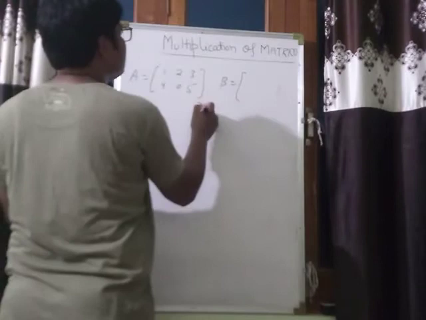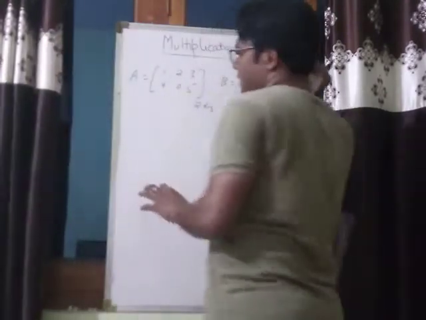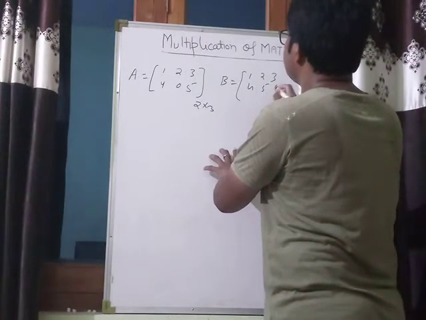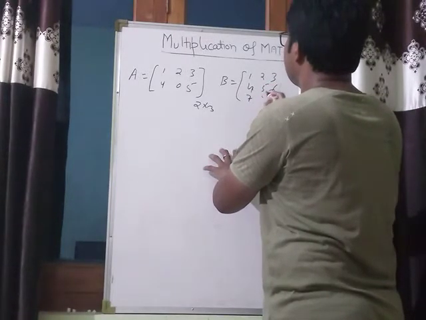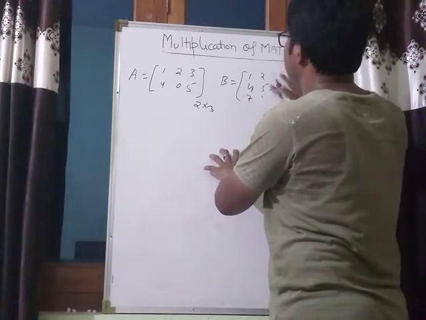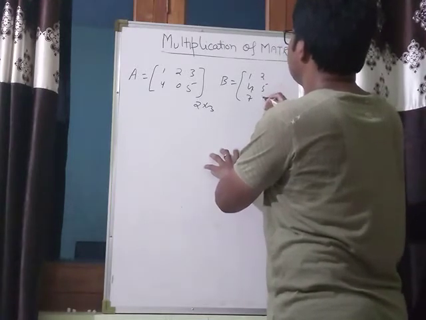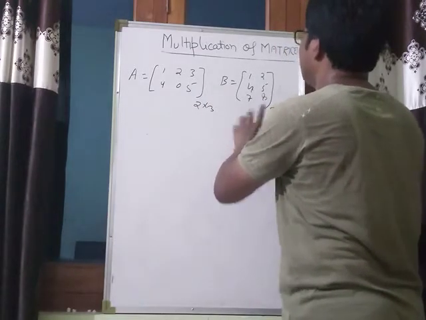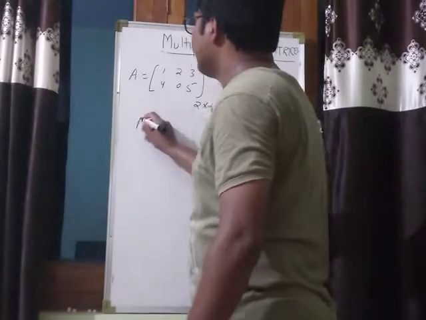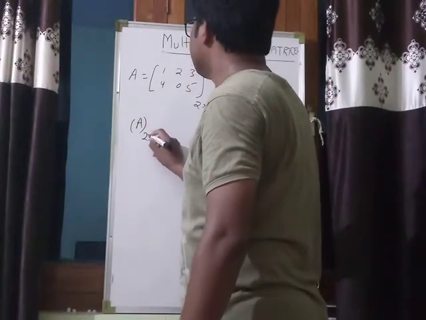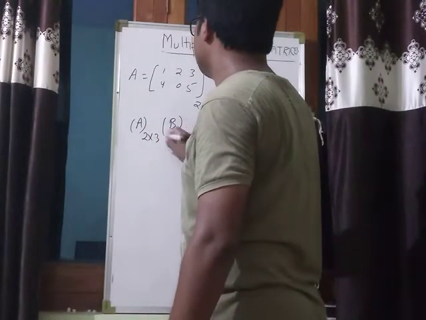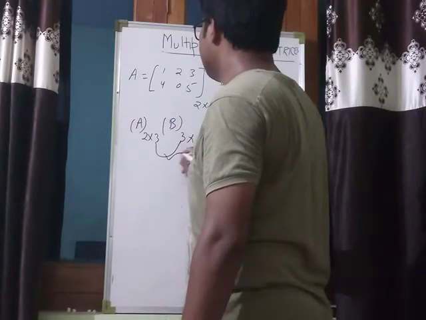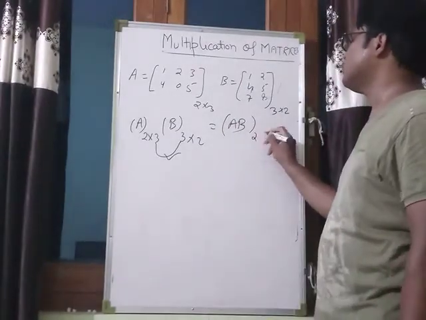This is of order 2 by 3, so B can be taken as 3 by 2: 1, 2, 3, 4, 5, 6, 7, 8. You can see A is of order 2 by 3 and B is of order 3 by 2. Clearly AB exists because these two are the same. AB exists, its order will be 2 by 2.